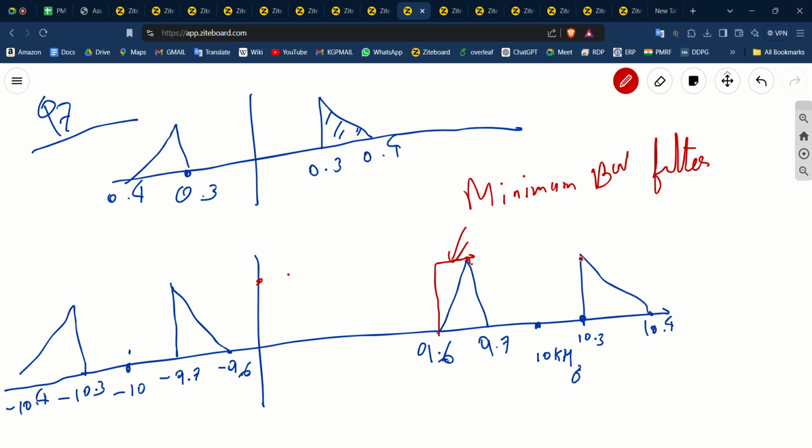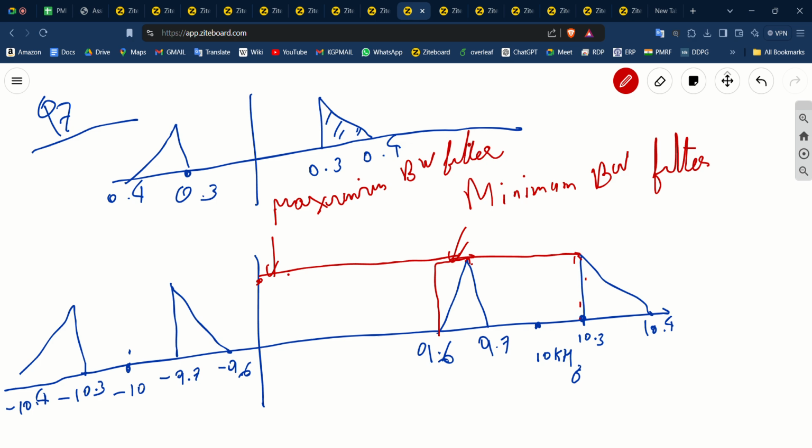But the moment you pass anything more than 10.3 kilohertz, you will get another band. So it will not be lower sideband only. So the maximum filter will be something like this, up to here, up to 10.3. So this is the maximum bandwidth filter.